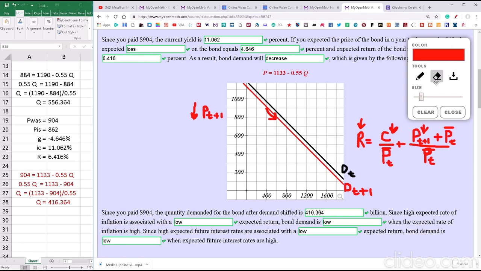Prices go down, interest rates go up. So this right here is going to result in an increase in the future interest rate, because interest rates in the future are going to go up when prices in the future go down.